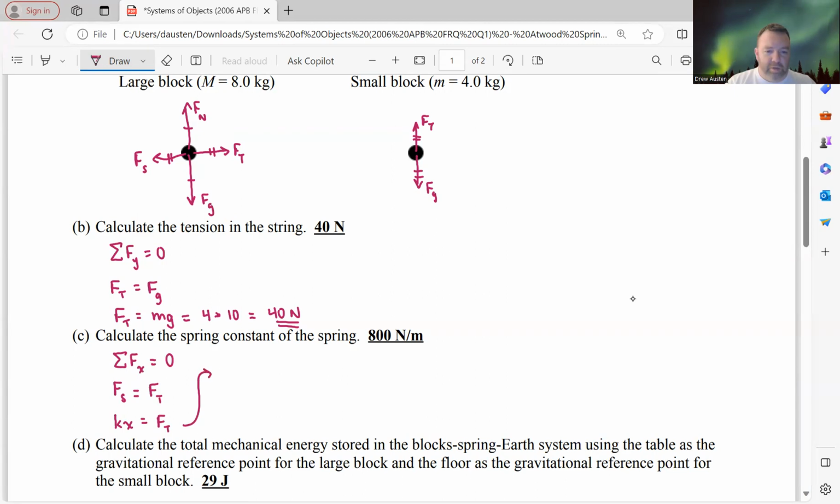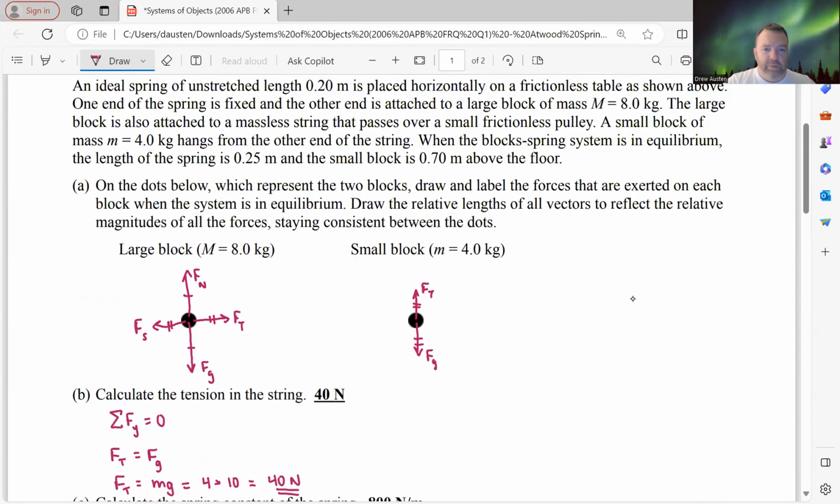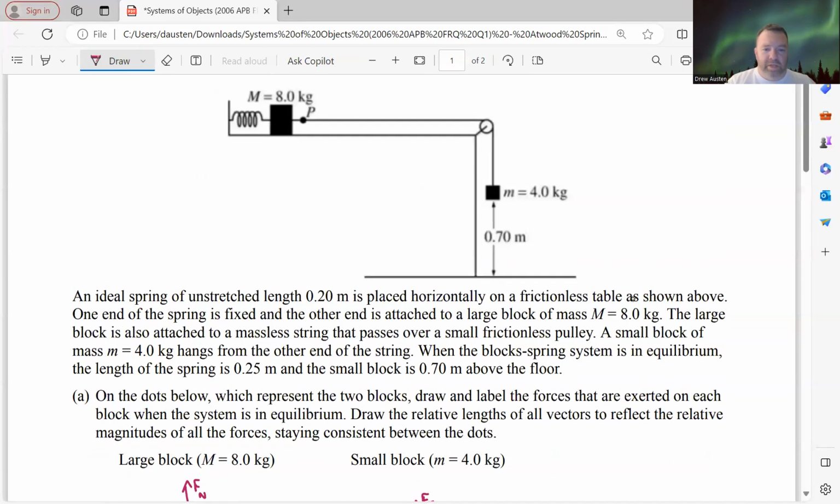So I'll just leave the right side of the equation as it is. And then just solving this for k, the spring constant, that's going to be the tension force divided by the x, the amount the spring is stretched. The tension force was 40 newtons divided by x. If we go back up to the problem, we see that the unstretched spring is 0.20 meters long, but when the spring is stretched, it gets to a length of 0.25 meters long.